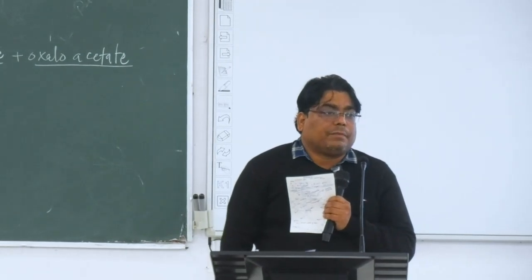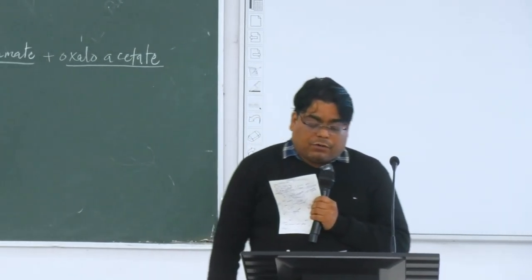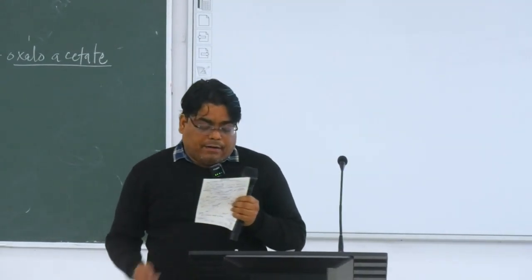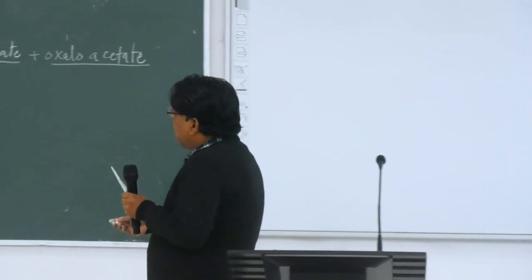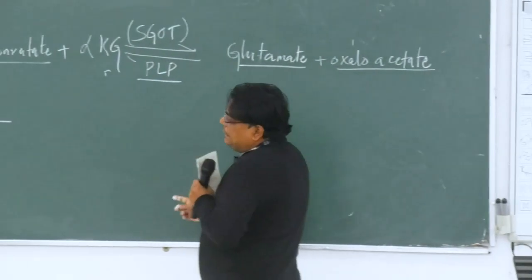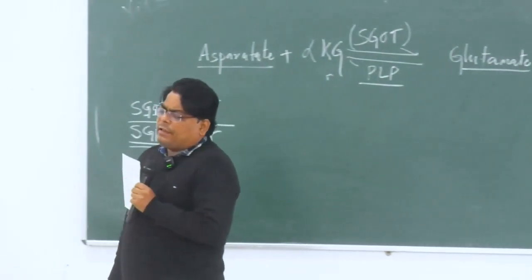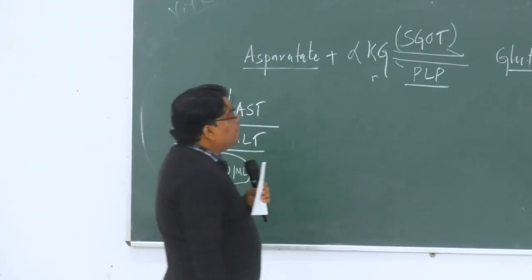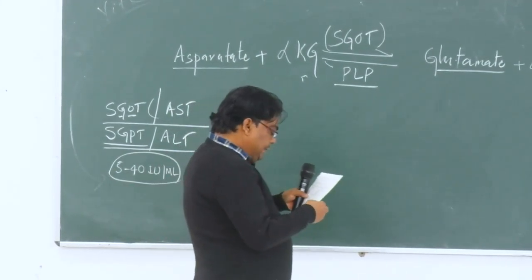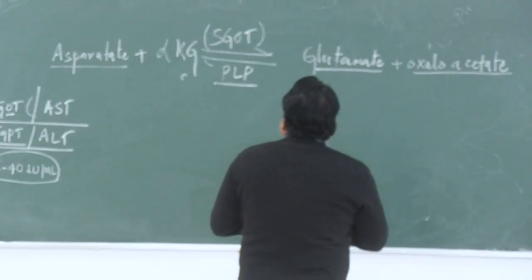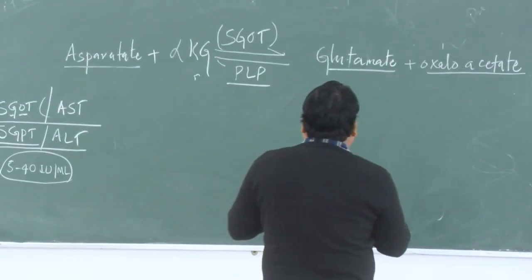Pyridoxal phosphate is important. So you understand what is happening here? There is transfer of amine group from one amino acid to another amino acid. So this is called transamination reactions.